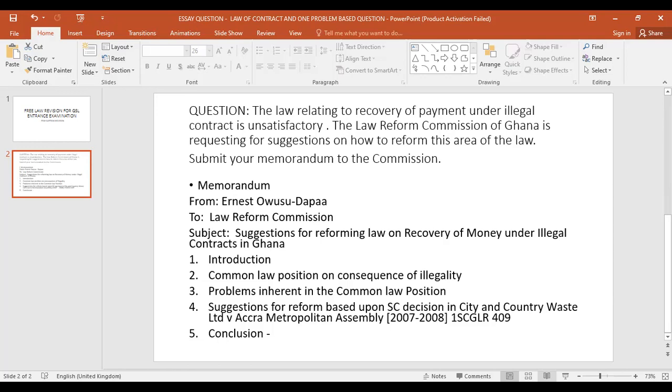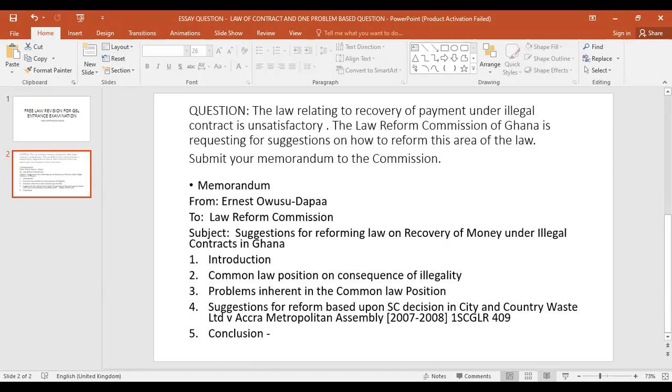So what is the purpose? We have to indicate it, and then we must also give a structure, like the roadmap of the points that we are going to canvass in the memorandum.